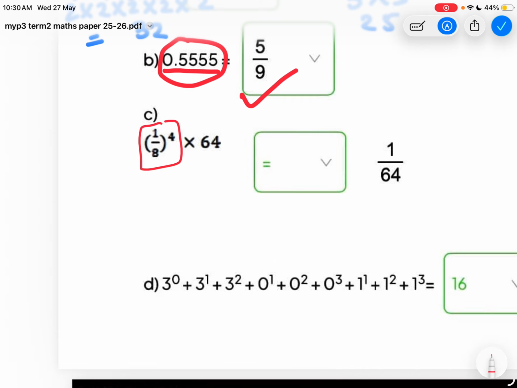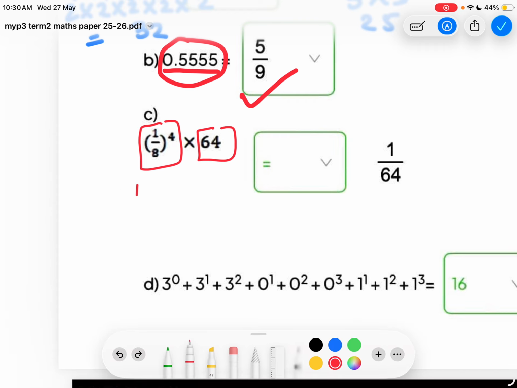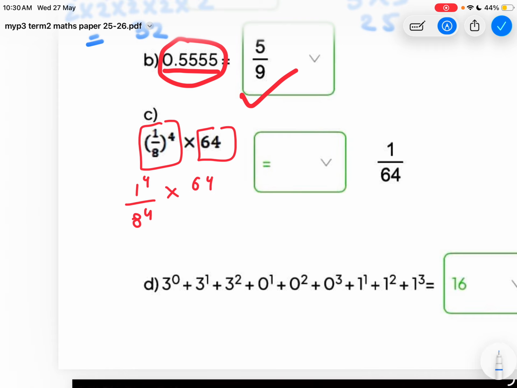Now 1 by 8 to the power 4 into 64. See, 1 by 8 to the power 4 means that this 4 belongs to numerator and denominator both. So 1 to the power 4 and 8 to the power 4 into 64. So let's see how we solve this. 1 to the power 4 means multiplying 1 four times, which is 1 only. Then 8 to the power 4 means like this. Correct? And this is 64.